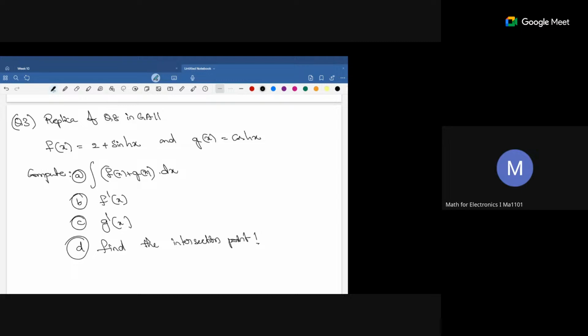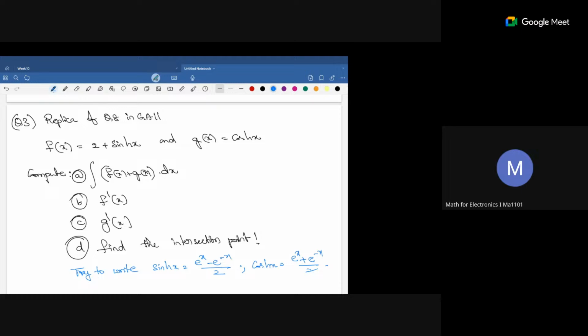Okay, so a small hint at this point for option D. Try to write sinh x as (e power x minus e power minus x) by 2, and cosh x as (e power x plus e power minus x) by 2.